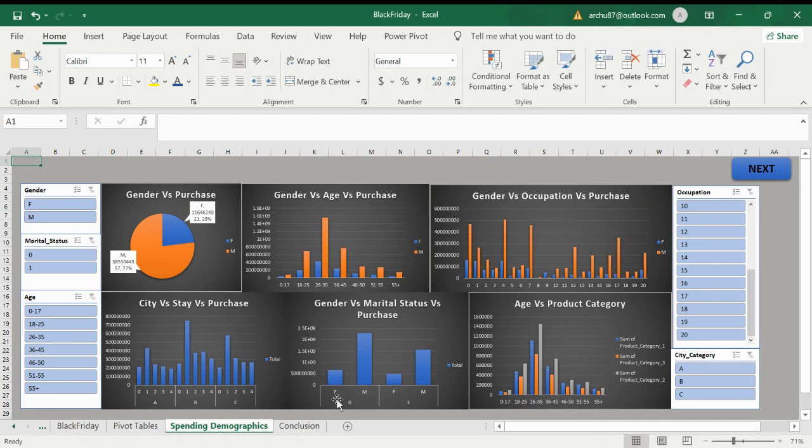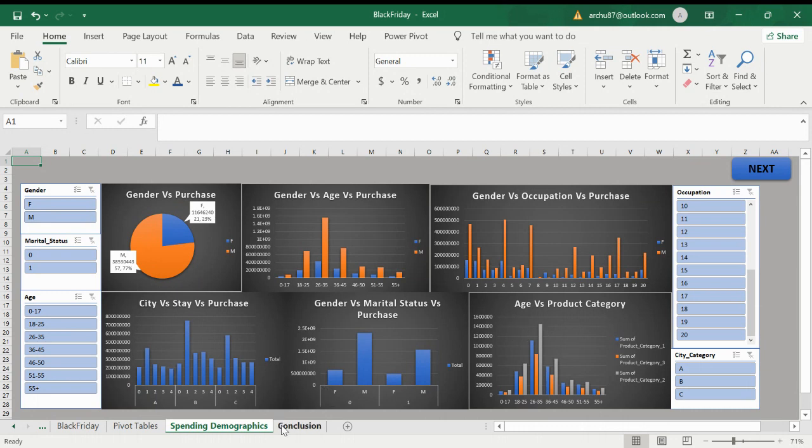And in both the categories, married and unmarried, male profiles, male respondents, are purchasing more. And here again, if we see the trend, for 26 to 35, the product 2 category is purchased more.